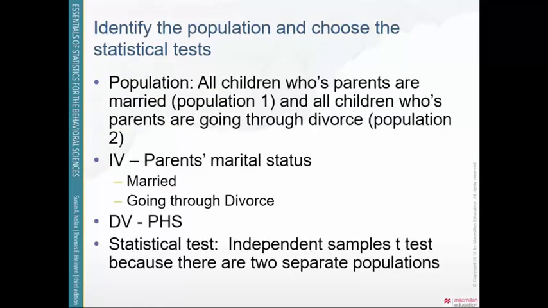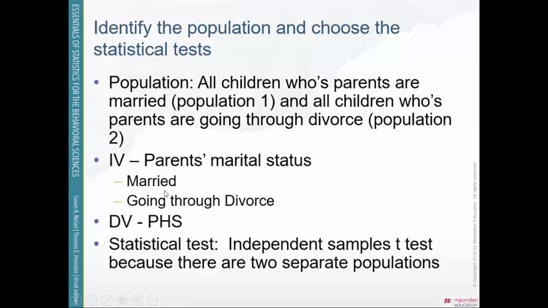So, population, IV, DV, statistical test. Our population, now we're looking at two populations because we're comparing two different groups. We're interested in all children whose parents are married, that's our first population, and all children whose parents are going through divorce. The independent variable here is parents' marital status, and we're looking at two levels.